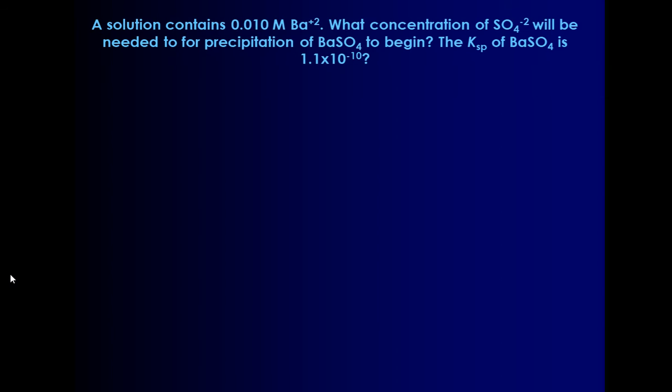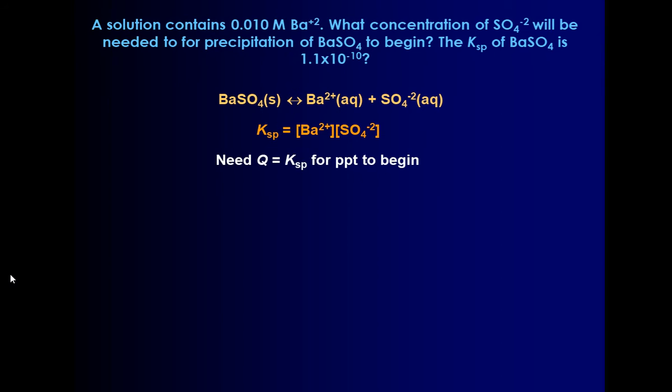So let's write our equation showing the dissociation of barium sulfate into barium and sulfate ions. And then our KSP expression would be 1 barium and 1 sulfate ion, since they're all in a 1-to-1 ratio, multiplied together.